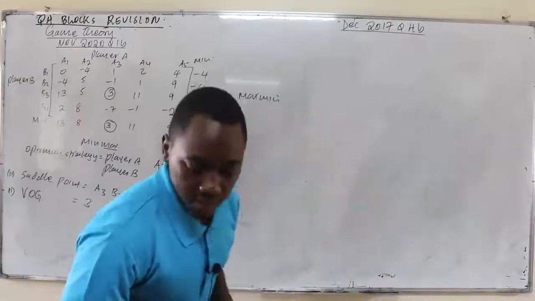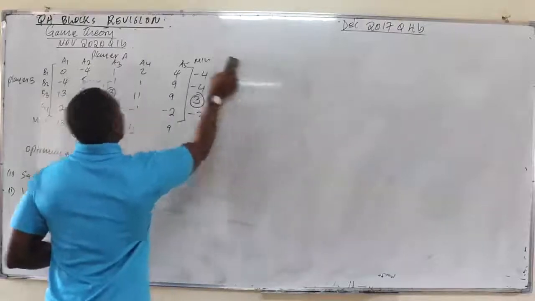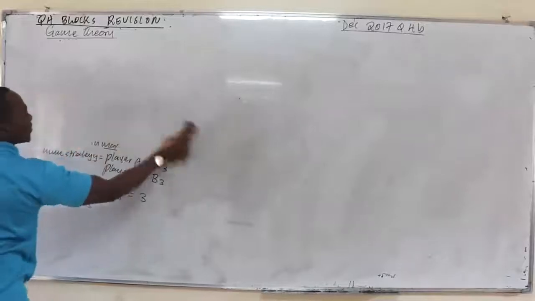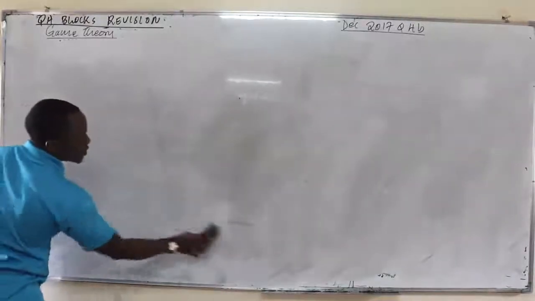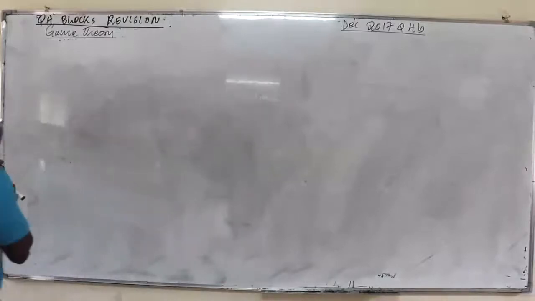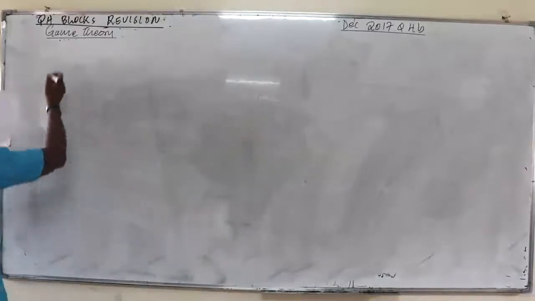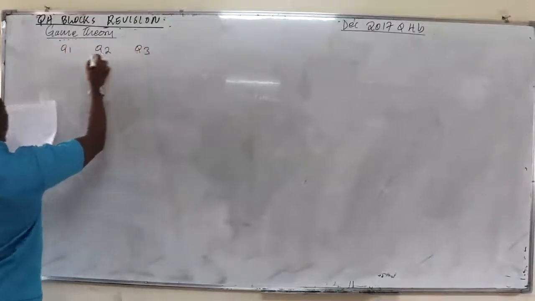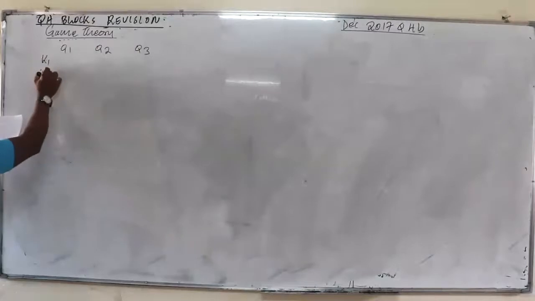So we need to follow the steps. Step number one, first of all, you have to determine whether there is a saddle point. So here we have Q1, Q2, Q3 and K1, K2, K3.